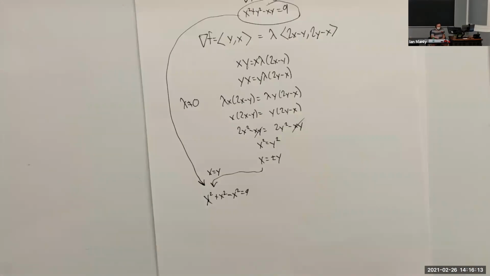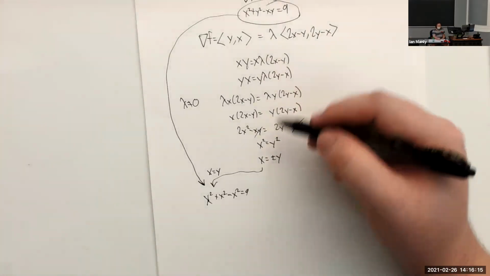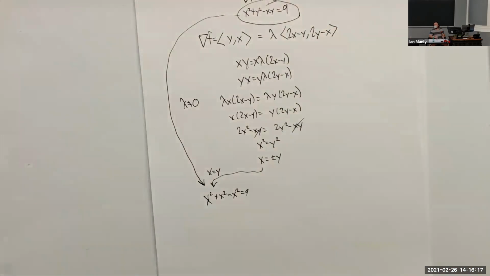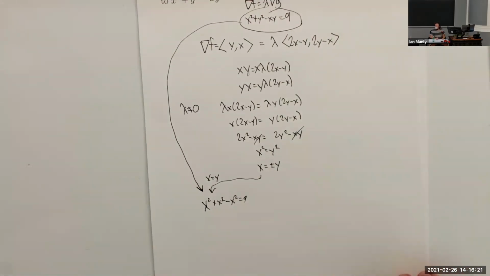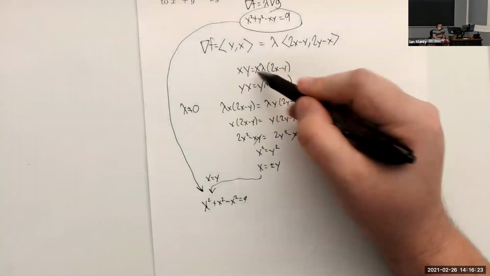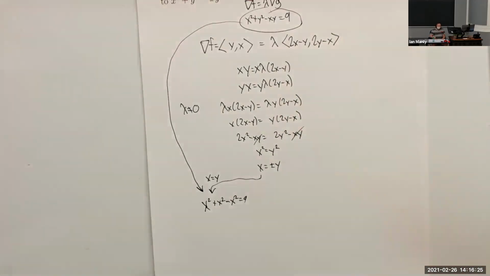So remember, you need to use all of your equations if possible. If you've already used the gradient to get something like this, then try to use the constraint, or vice versa. We multiplied by x and y to set them equal; that was the motivation here. We could have done this by substitution and ended up with the same thing, but it would have taken a decent bit longer.